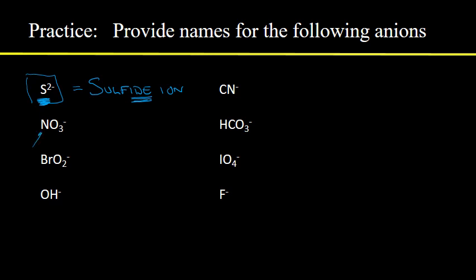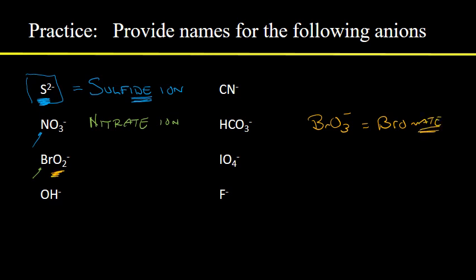All right. Next one is NO3-. This simply is one of the ones that we memorized. This is one of the important oxyanions. And this one is the nitrate ion. BrO2- is not one of the ones that we memorized, but we did memorize BrO3-, which is bromate, right?